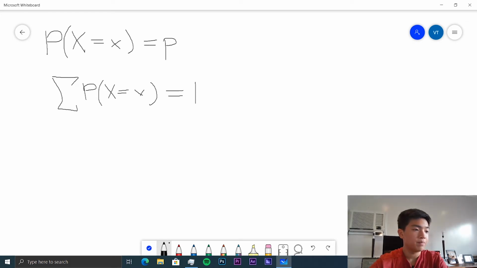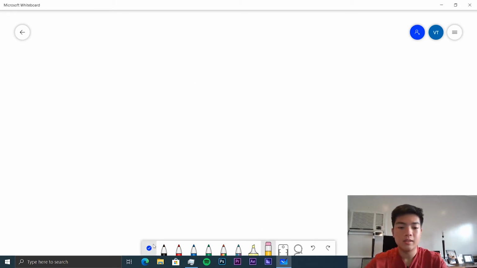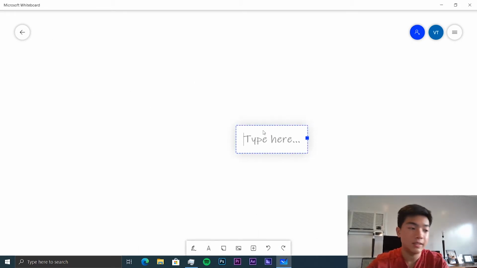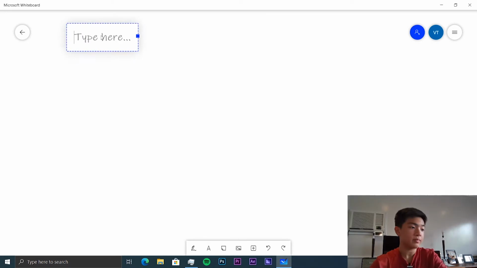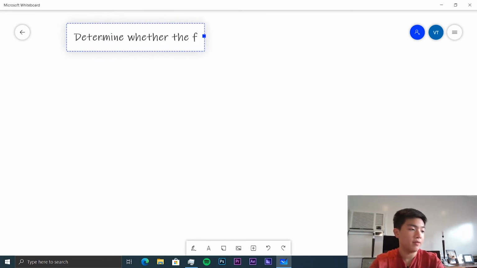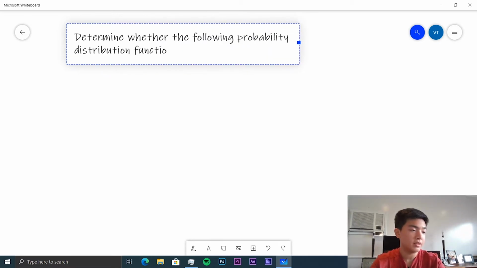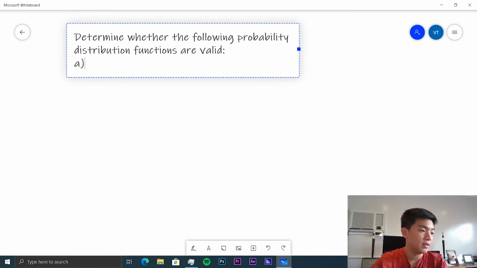Now we can jump into some questions. The first one is: determine whether the following probability distribution functions are valid.